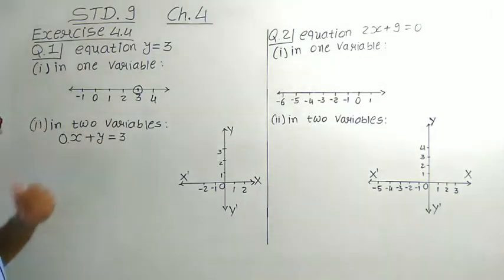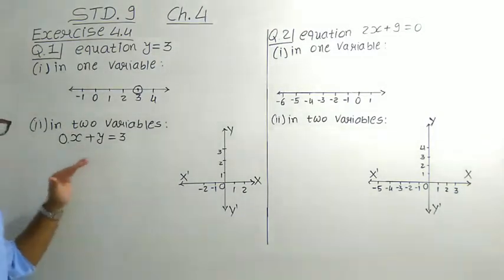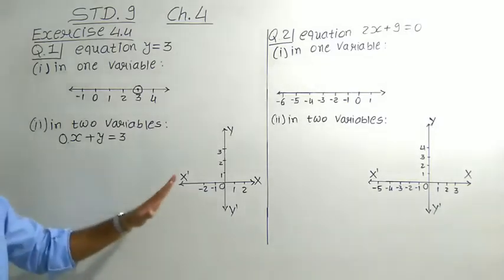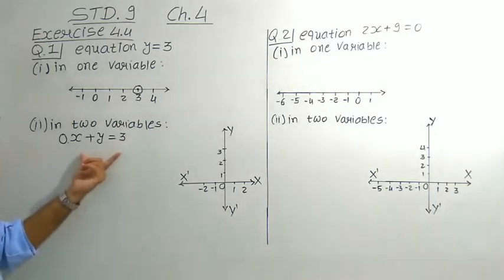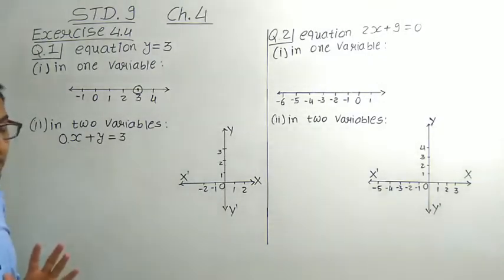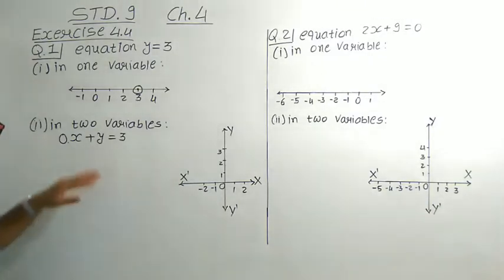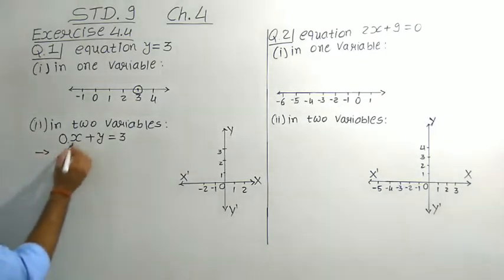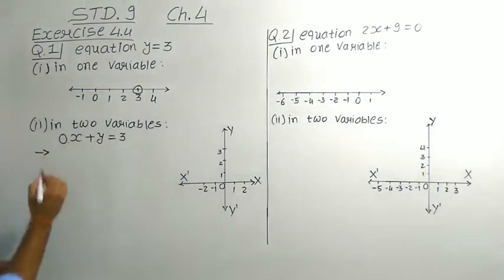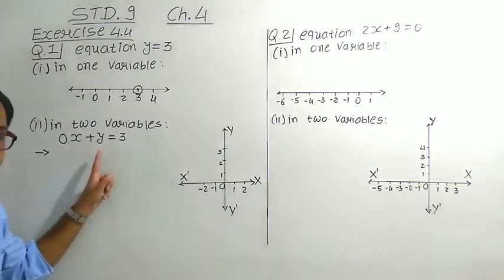Now, because we want the geometrical representation on the graph, we have to find the solutions. Minimum two solutions are required to draw the graph, right? So let us check what solutions we get. Suppose we change the value of x, will it affect the value of y?